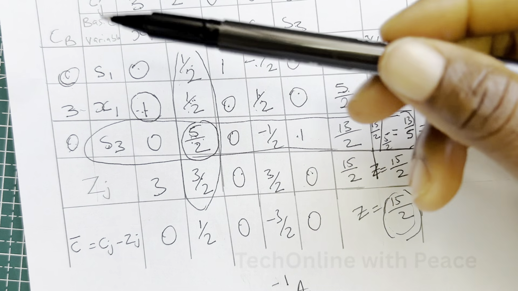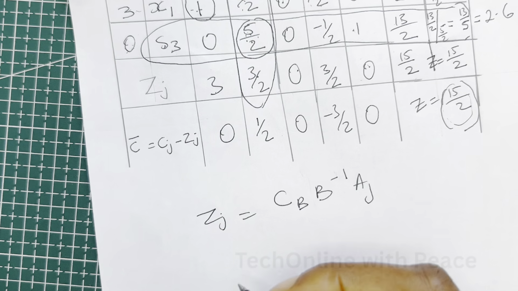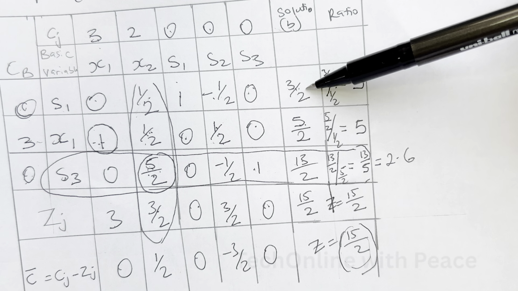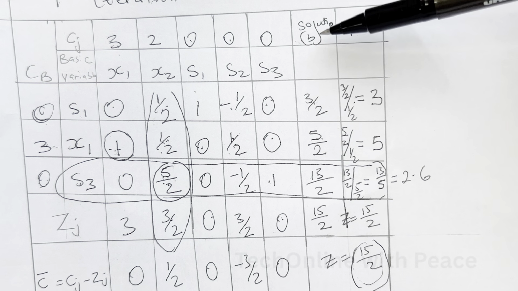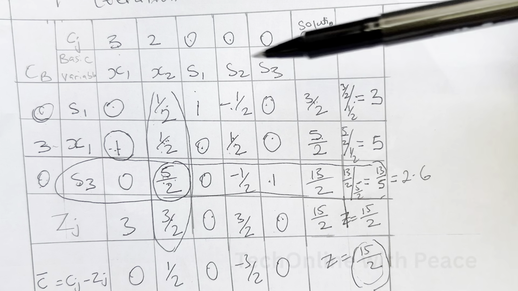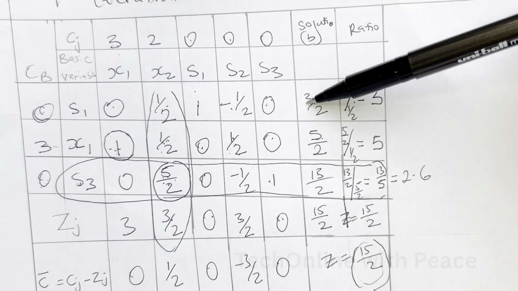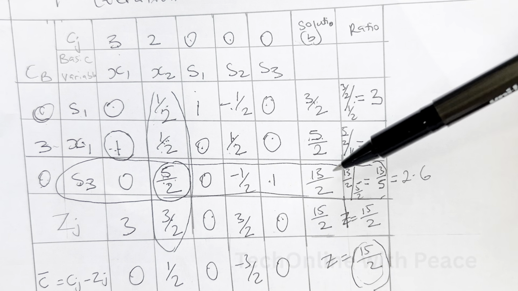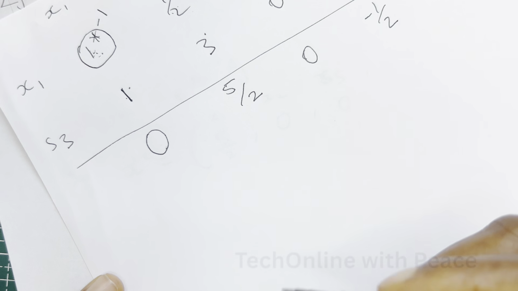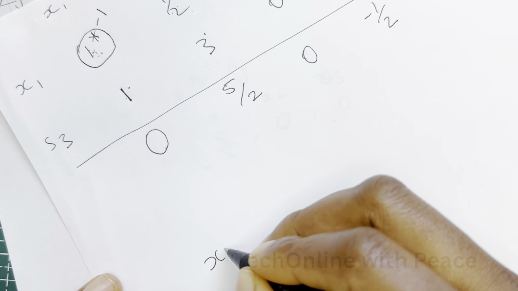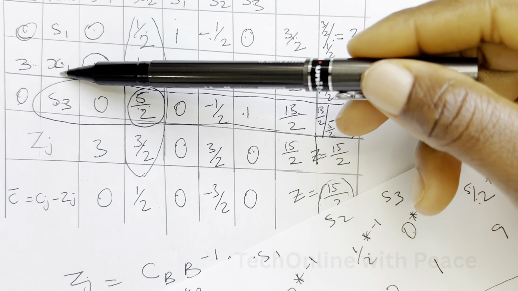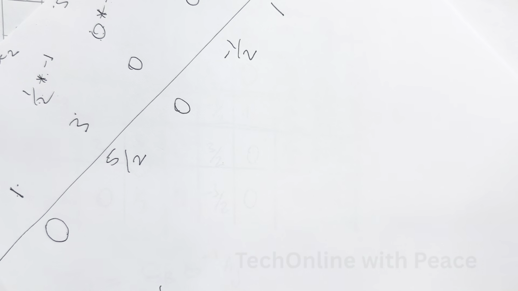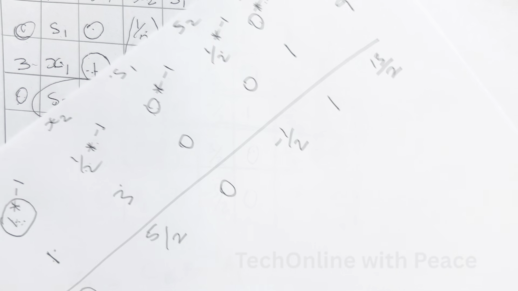So from here, our X transpose, which is XT, is equal to, so we look at the values on this column, which is our solution column. Here we have X1 to be 3 over 2, X1 here to be 5 over 2, and X3 here to be 13 over 2. So in our X transpose, the value for X1 is 5 over 2, so we write 5 all over 2.